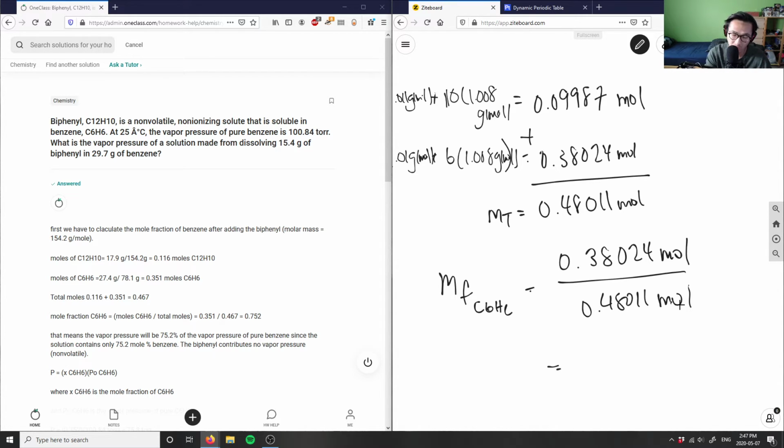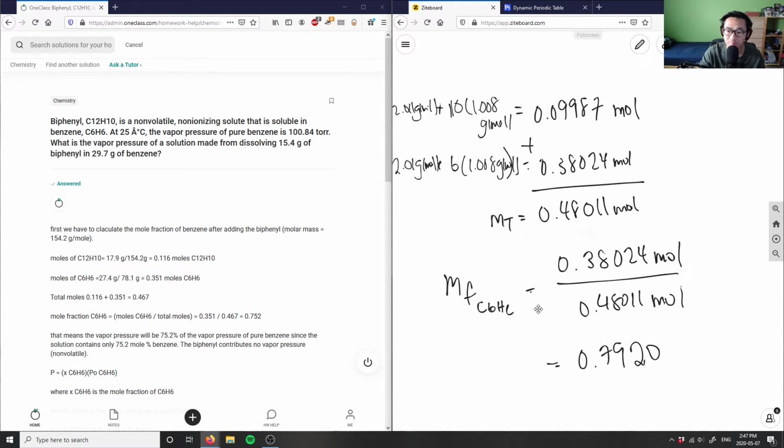This would give me a value of 0.7920, to 2 decimal places. And this is the mole fraction here.